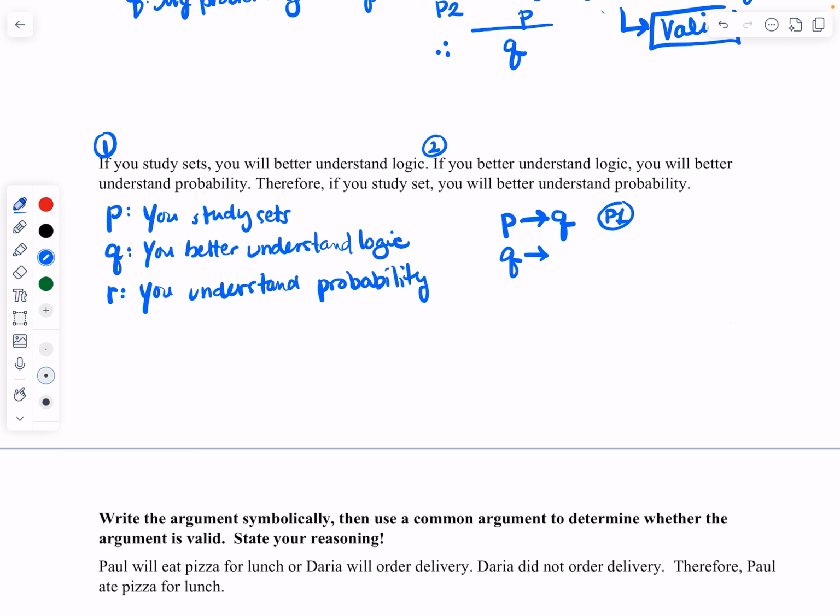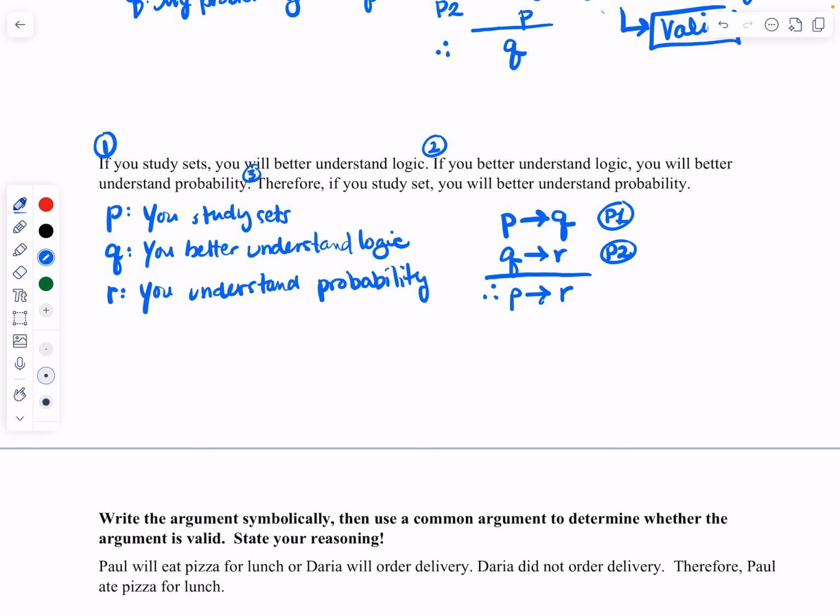So if Q, then R. So this is P2. Then my last sentence says therefore, so I know I'm in my conclusion. If you study sets, that's P, then you'll better understand probability. I know it doesn't say the word then, but it's implied because we have that if you study sets. So you understand probability is R, so if P, then R.